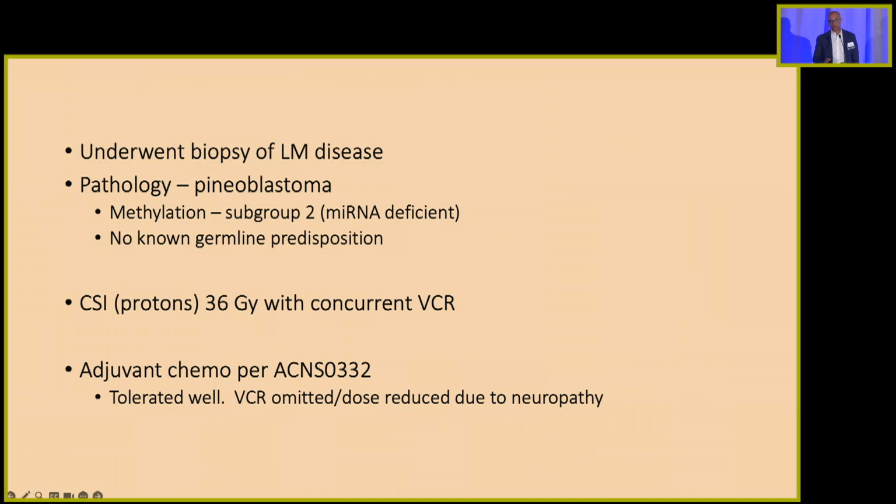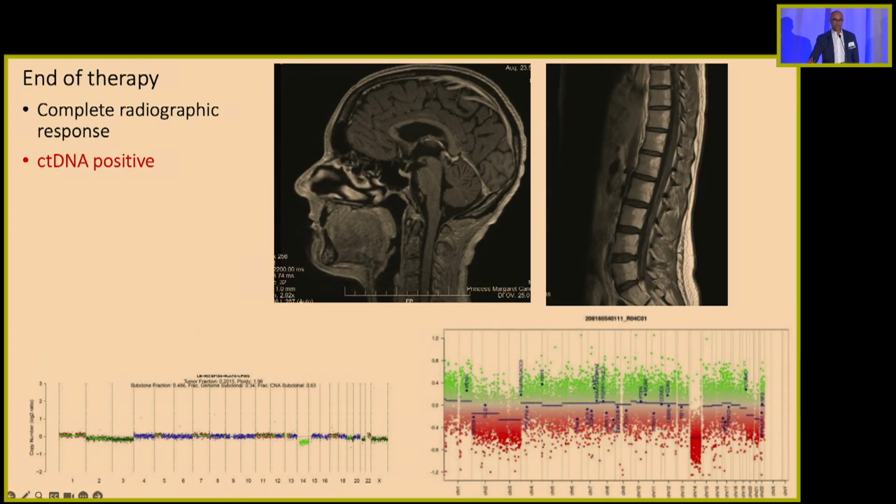She had no known germline predisposition. She underwent craniospinal irradiation using protons with concurrent VCR, and then had adjuvant chemotherapy, which she tolerated well. At the end of therapy, essentially, she had a complete radiographic response. So it looked like she was cured.